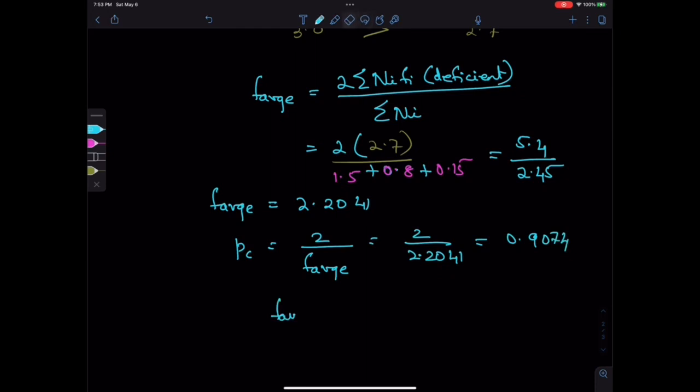Okay. So you can see how PC is again higher for non-stoichiometric than for the stoichiometric value of 0.833.